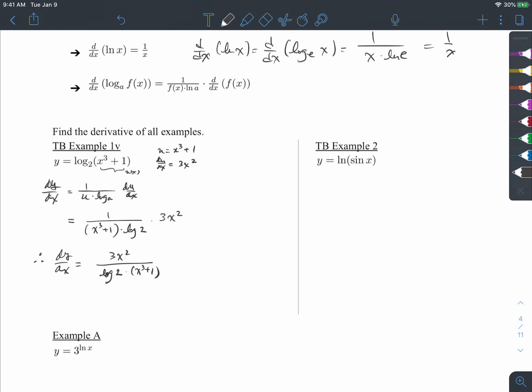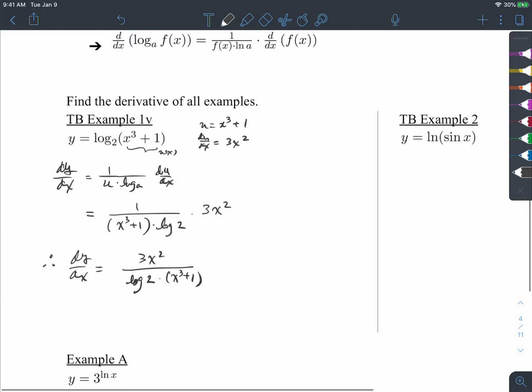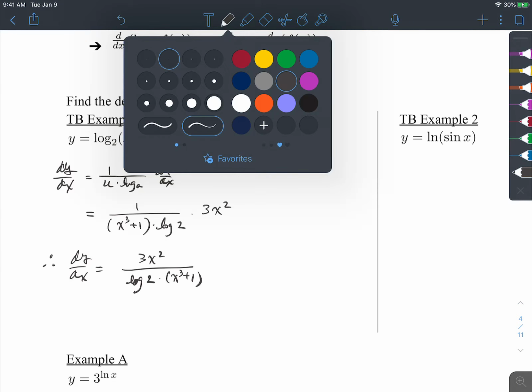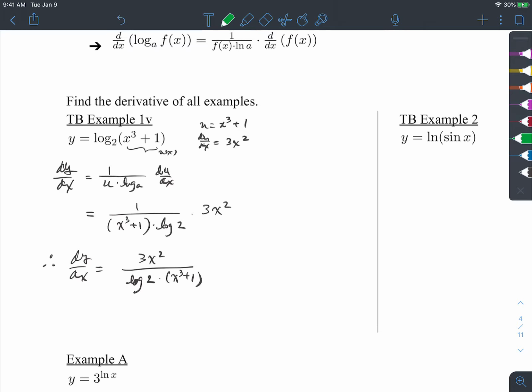You either show your work that way, or what I would expect to see is something to this effect: dy dx is equal to, let's say you could do this in your head, 1 over x cubed plus 1 log base 2 times d dx of x cubed plus 1.